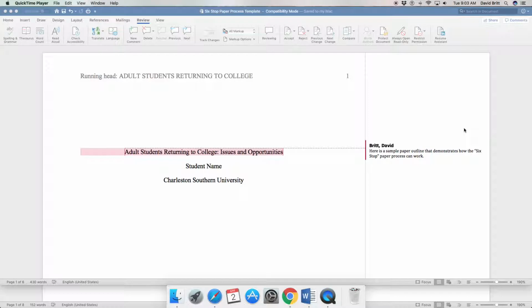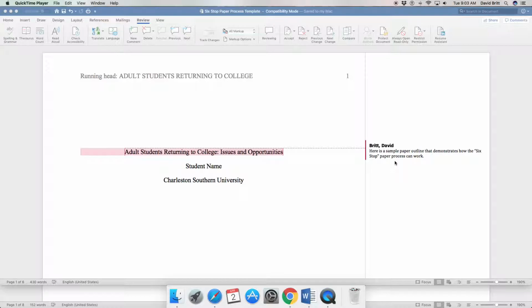So what I thought I would do is create a template, if you will, to help demonstrate how I would begin to use and implement this six-stop process going forward if I was writing this particular paper. I don't ask you to follow this.